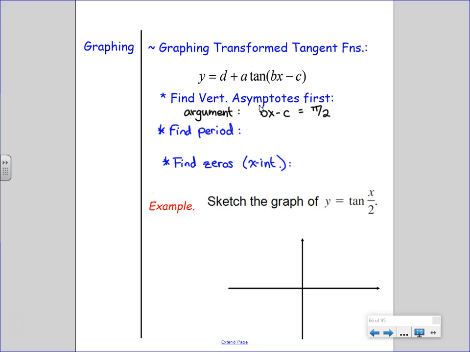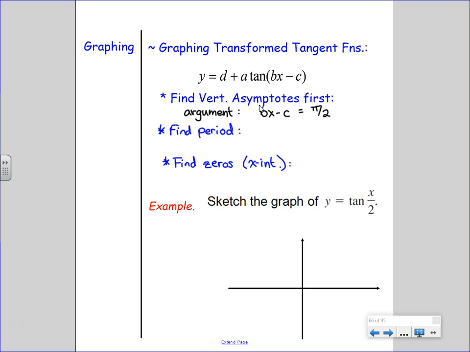We're going to do the period in another step. The period is, once you get one vertical asymptote, how far do you go to get another one, and how far back do you go to get a previous one? So first you take whatever's inside tangent and say, whenever you equal pi over 2, we have a problem, because that's where the vertical asymptote occurs. Kind of like for ln, when the inside argument equals 0, there was a vertical asymptote. Same thing here.